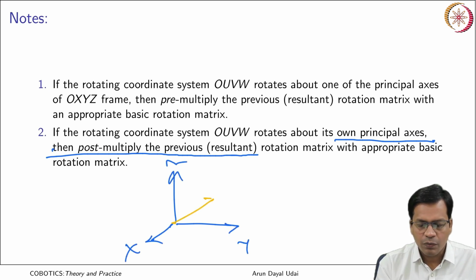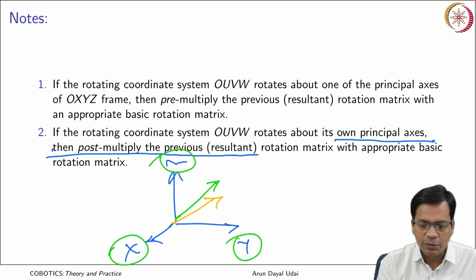This was your point. Now, you have rotated the point from here and it went to a new location here. The second rotation is not about the base reference frame. This time it is with respect to the rotated reference frame.